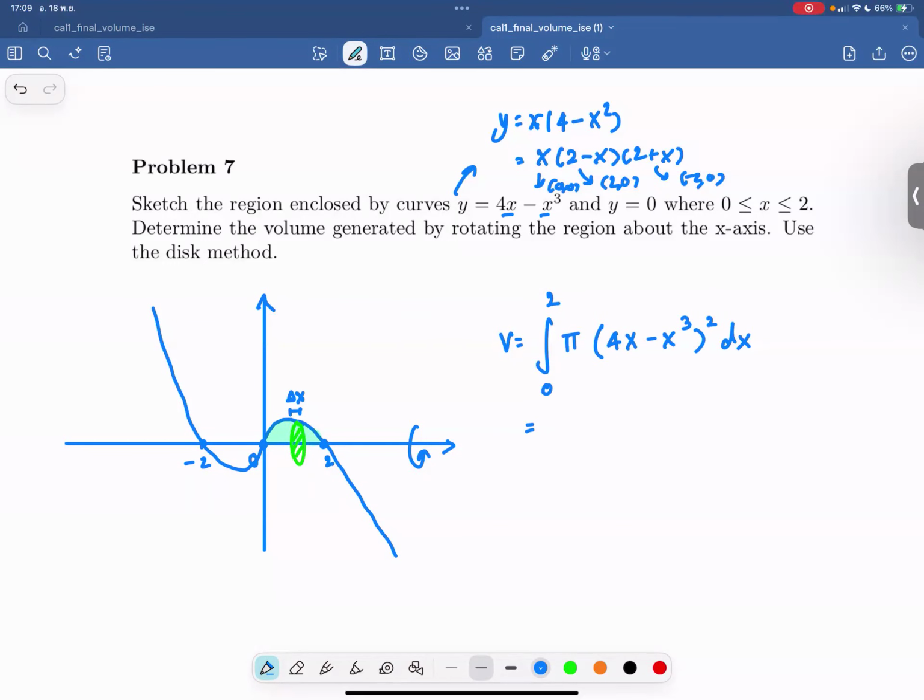Okay, and then you just do a simple calculation. You have pi times the integral of 16x squared minus 8x to the fourth plus x to the sixth, dx. Then 16 over 3, 8 over 5, over 7.